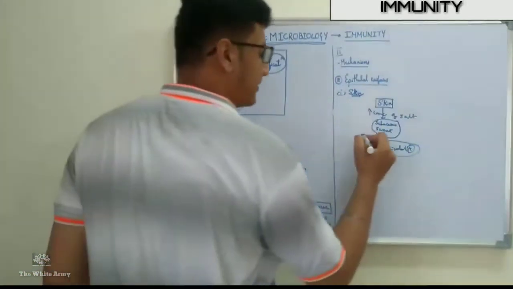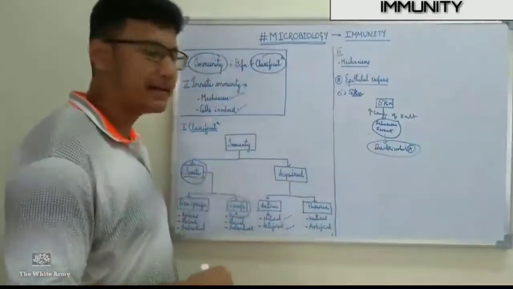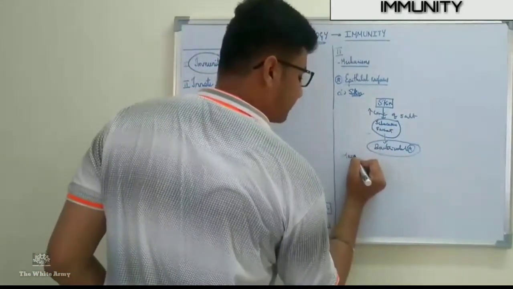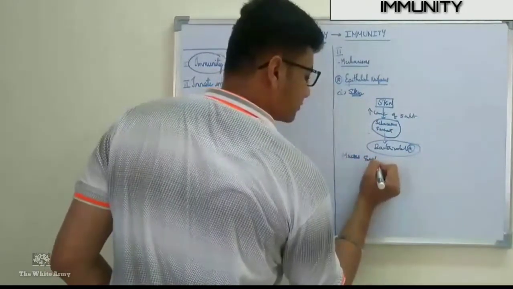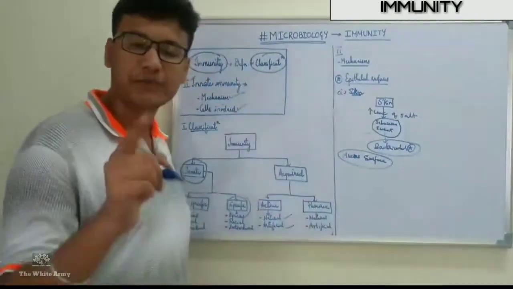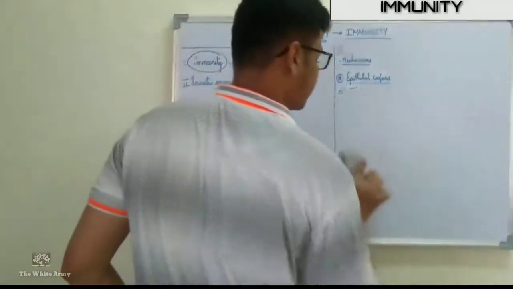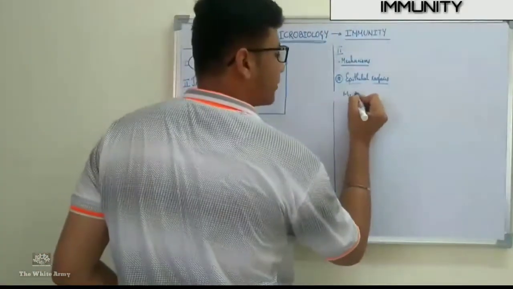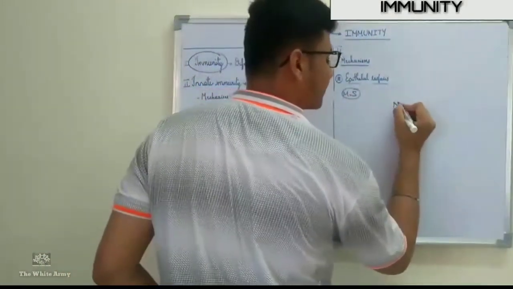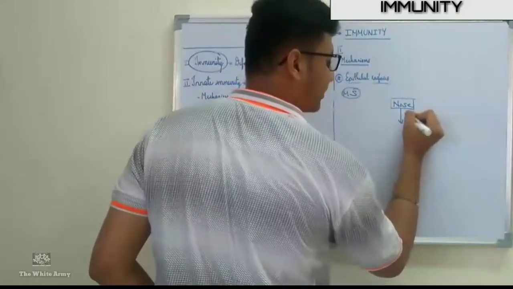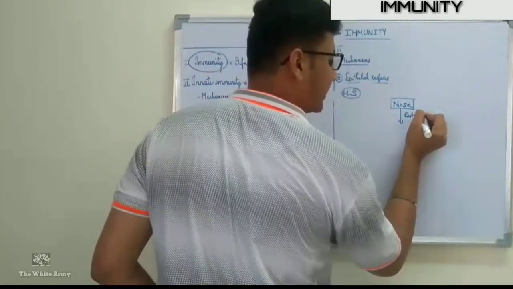And next, let us study about the mucous surfaces, that is the mucous membranes. First we will study about the nose. In the nose, when a pathogen enters, it will be restricted basically near the orifice of the nose.